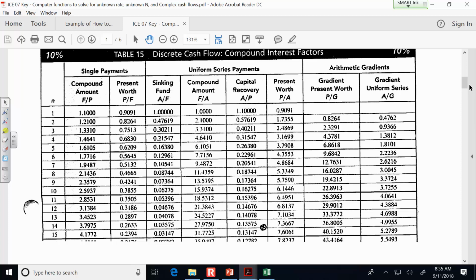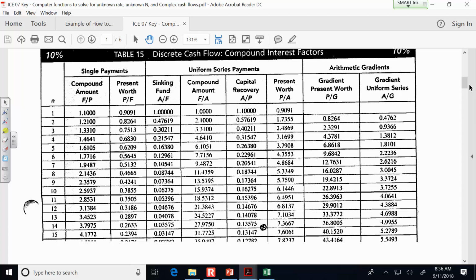Okay, so of course, in this one, A is 8,000. So A equals 8,000. P equals 60,000. And so A divided by P is 8,000 divided by 60,000.